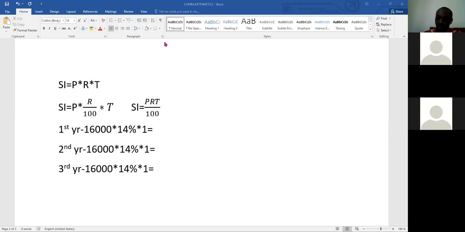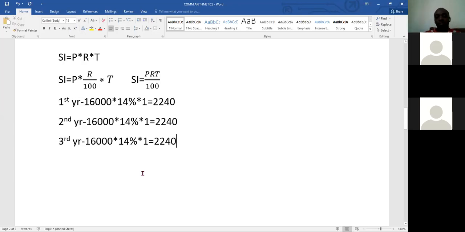Okay, so 16,000 times 14% is 2,240. So this amount you are going to maintain for each year for the time that you're going to deposit this money. Okay, this is simple interest.